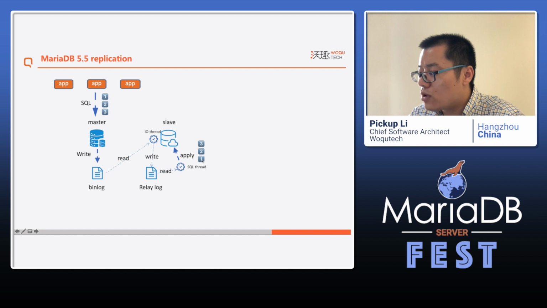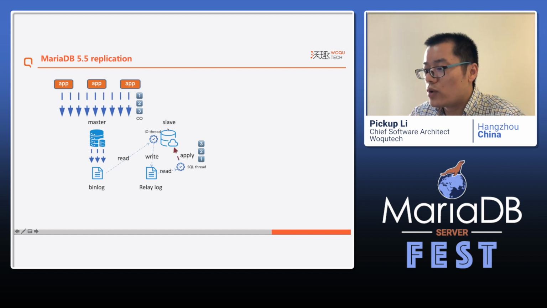If more queries are issued to the master, the slave will fall behind, and the replication delay increases. To solve the problem, we have no choice but to help our customer upgrade MariaDB to version 10.0 or even higher.